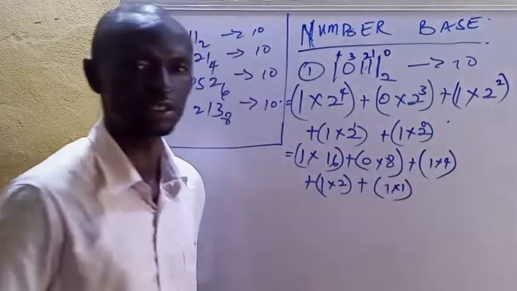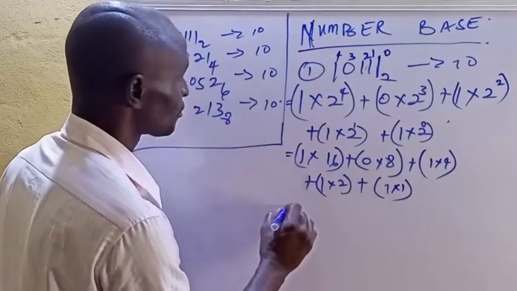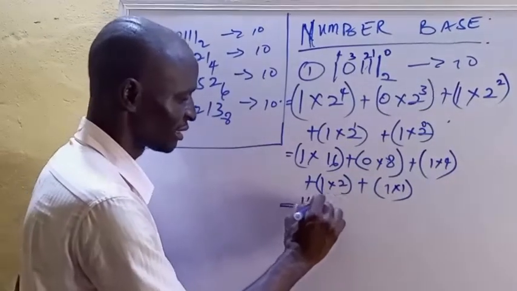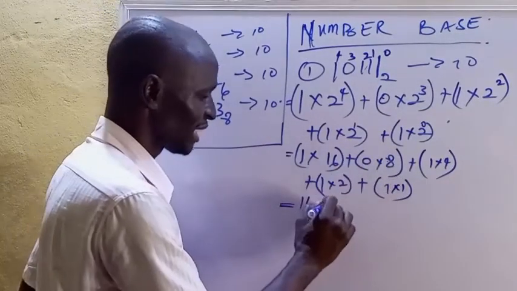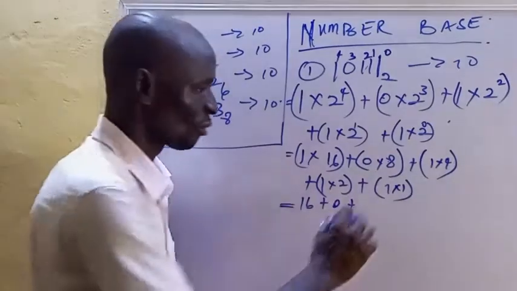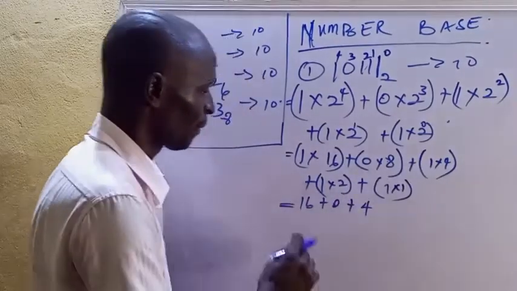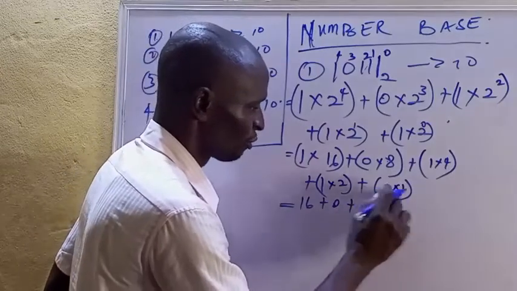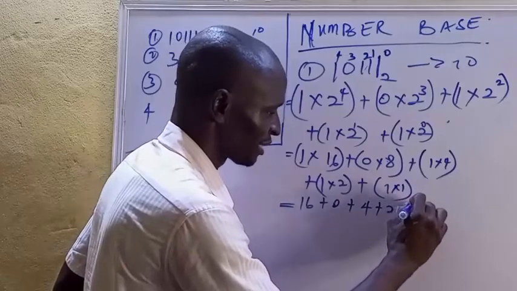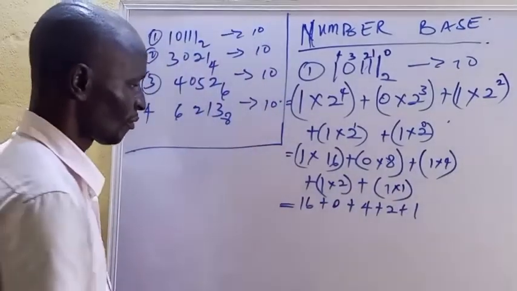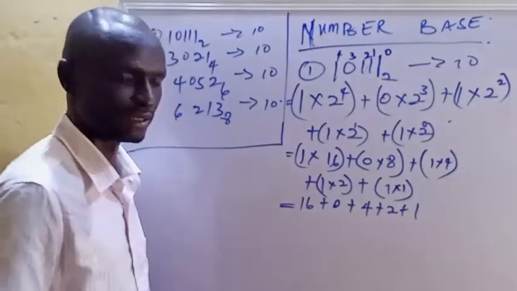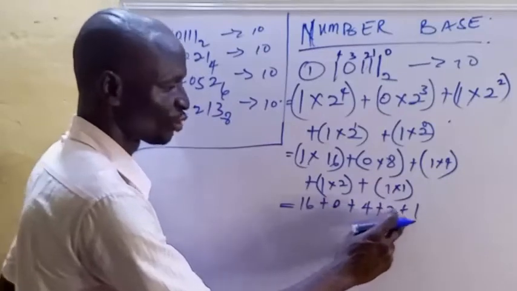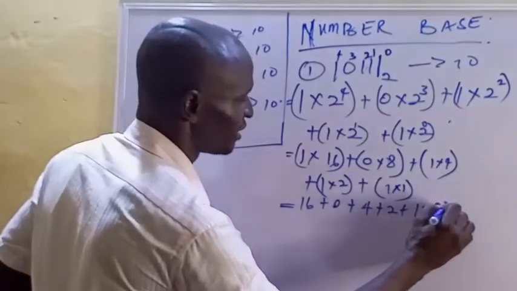Anything raised to the power of 0 is what? Is 1. Now, this is equivalent to 1 times 16, that's 16, plus 8 times 0, that's 0, plus 1 times 4, that's 4, plus 1 times 2, that's 2, plus 1 times 1, that's 1. 16 plus 0, that's 16. 16 plus 4, that's 20. 20 plus 2, that's 22. 22 plus 1, that's what? 23.